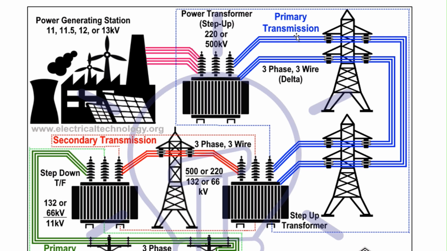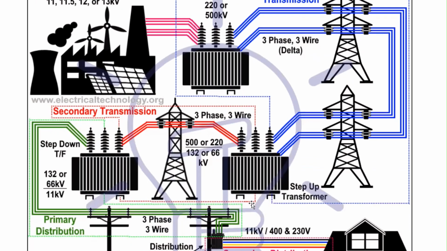If it is brought down to 1 by 10th, you will be able to reduce the losses by 1 by 10th square. That means 1 by 100th, you are going to reduce the losses. So the reduction in losses is very appreciable, and after it reaches the destination where this electrical supply has to be used at the domestic level or industrial level.